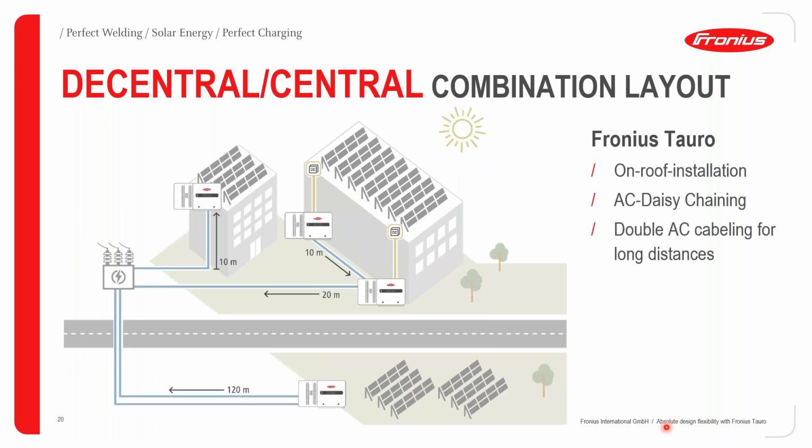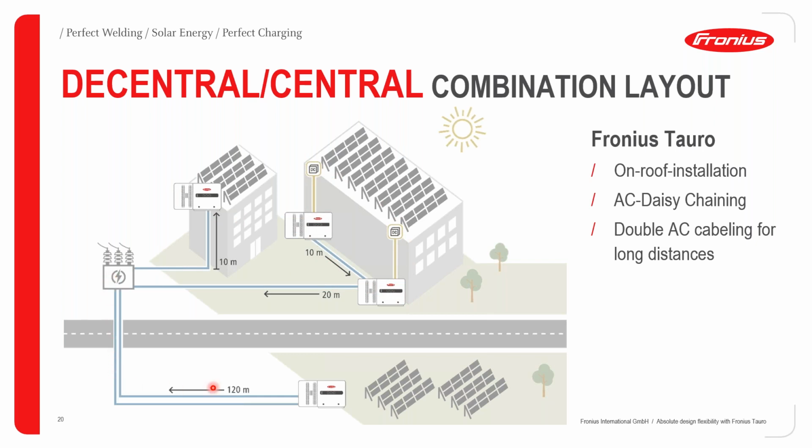And all in all, of course, it's not that easy to choose. It's also a combination that is possible with the Tauro. We can interconnect both a direct version on the roof here, for example, can be interconnected with a pre-combined version here on another roof. There we can see two pre-combined versions.